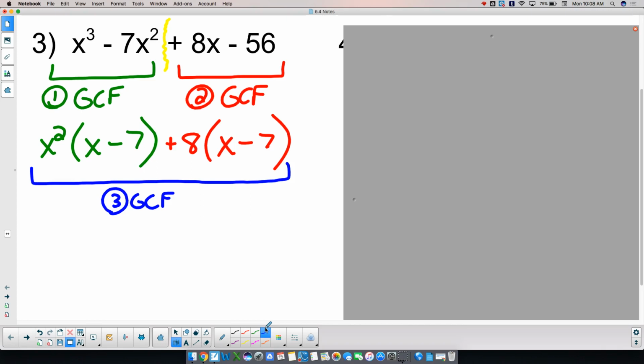So I can pull out an x minus 7. What's left over? X squared plus 8. Can x squared plus 8 be factored even more? Nope, can't be. So that's my answer.